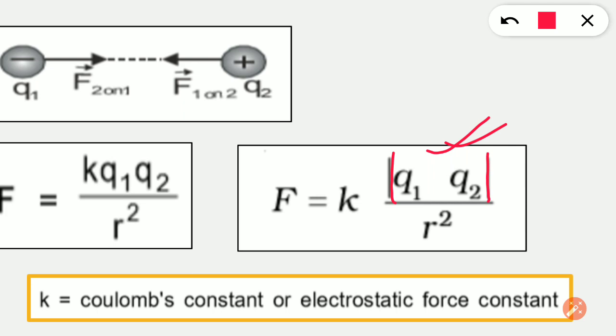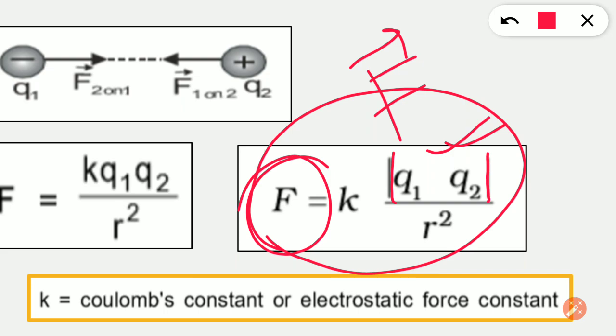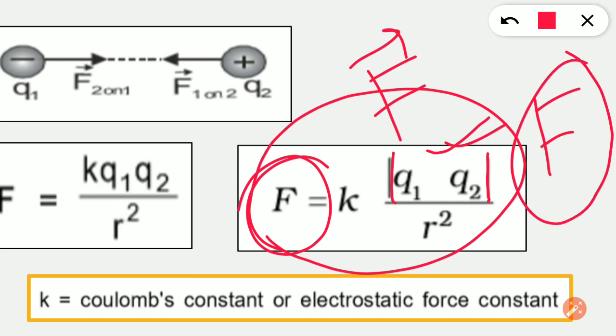So negative is not required here, just put 10 and 10. Whatever the value is, you only have to put the value. So this gives you the magnitude of the force between the two charges. The vector sign is missing here, so when we write only F, it means the magnitude of the force. Okay, clear?